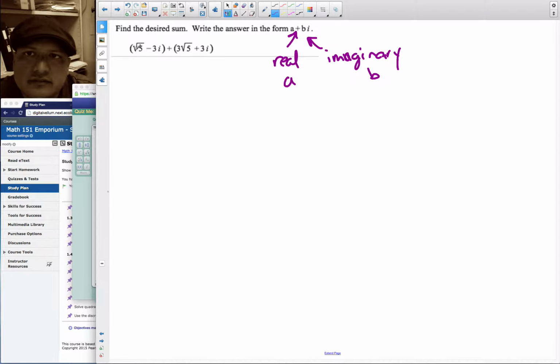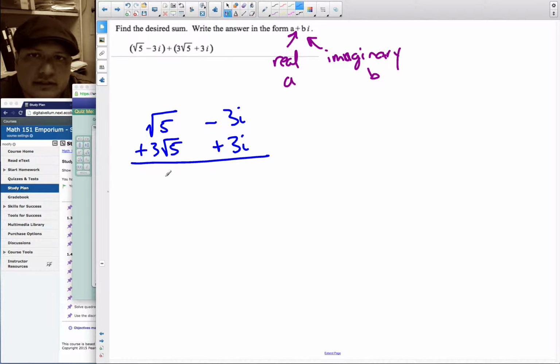Here, these are the real parts, so we can add them just like this: radical 5 plus 3 radical 5. And then this minus 3i. We can just put it on top of each other, plus 3i. So I just rewrote it vertically. There's like an imaginary like 1 right here, if you will. So you can add these together.